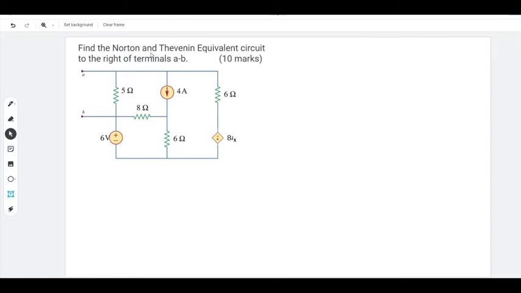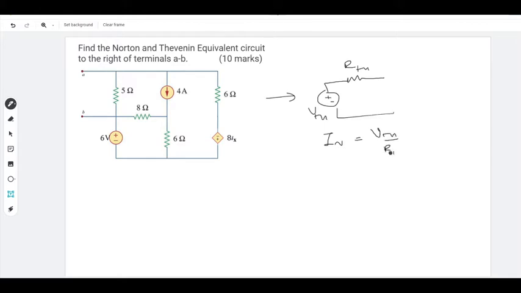The question that was given to you is find the Norton and Thevenin equivalent circuit to the right of terminal AB. So what you have to produce is a circuit where you have your VTH and your RTH, and your I Norton, which you can get using the equation VTH over RTH.